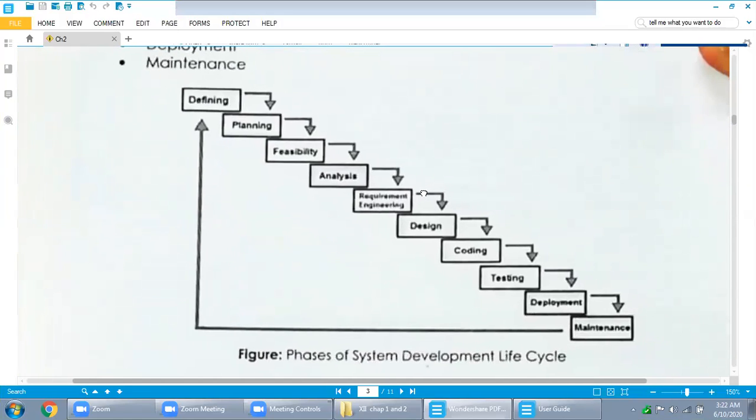Again, I say, remember this diagram always.